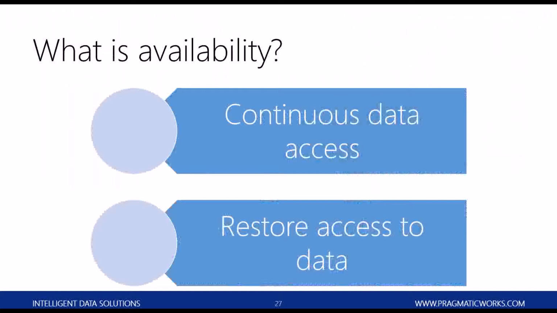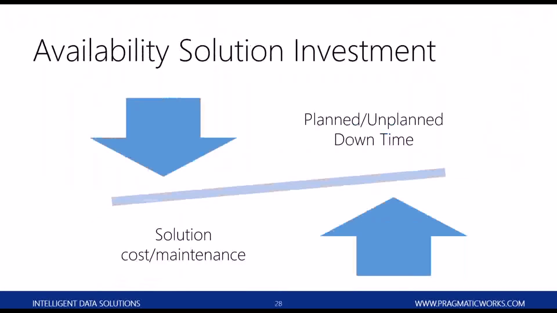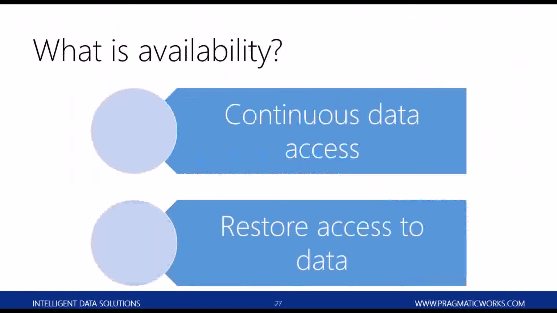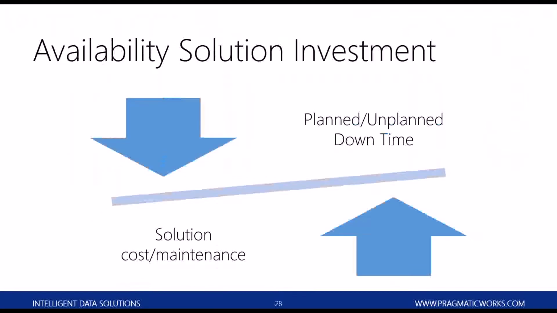And so when you're looking at availability and downtime, there's 2 key things to look at. So the first 2 things that we looked at was what is it that you need to have available. The next 2 though is how do you justify your solution? What is it that makes it so that you can accommodate for your planned and unplanned downtime?